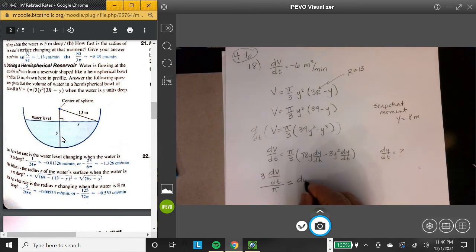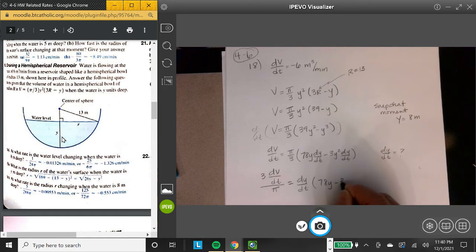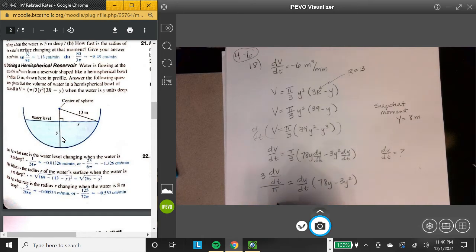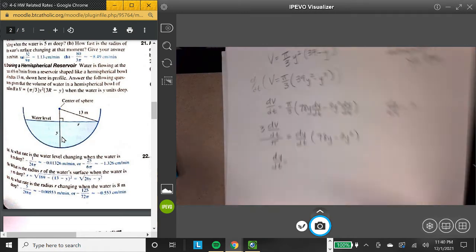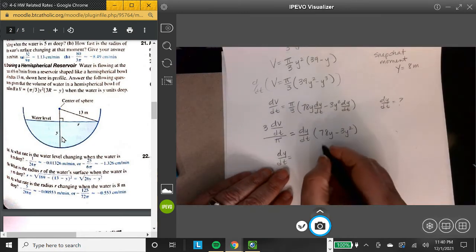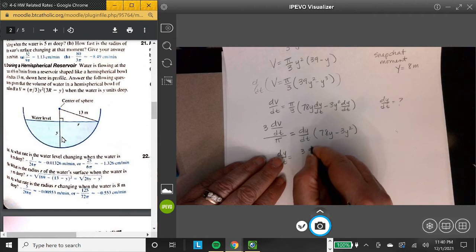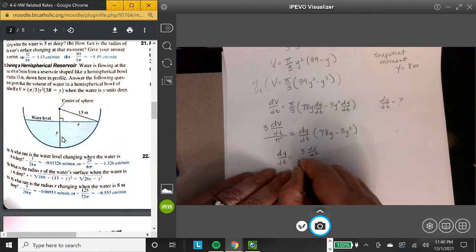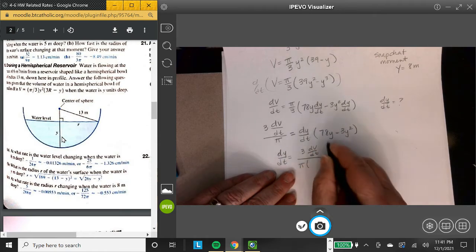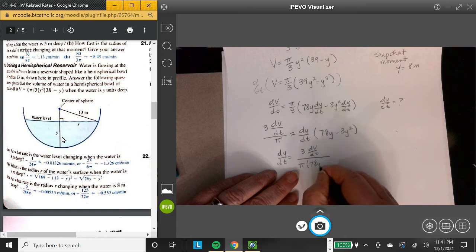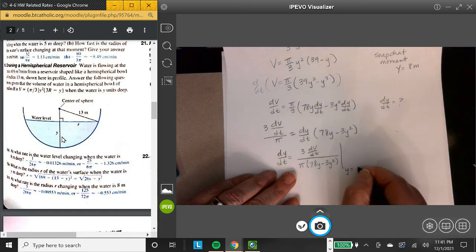And I'm going to get a dy dt, factor it out, and I'm left with 78y minus 3y squared. And dy dt then is equal to 3 dv dt over pi times, I'm going to divide by this, 78y minus 3y squared. I'm going to go such that y equals 8.